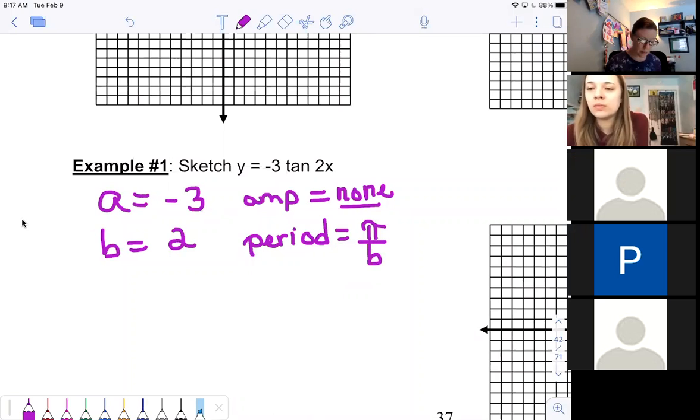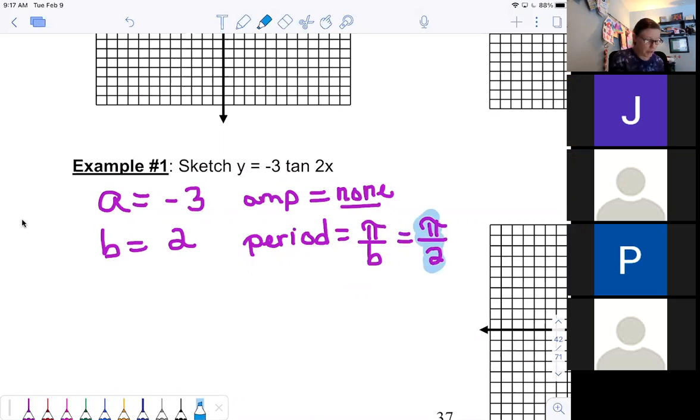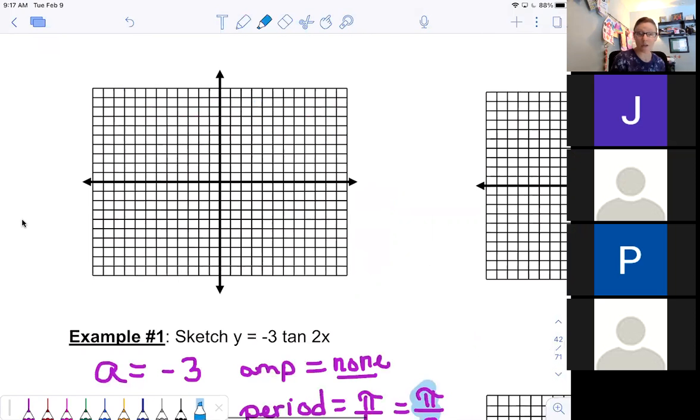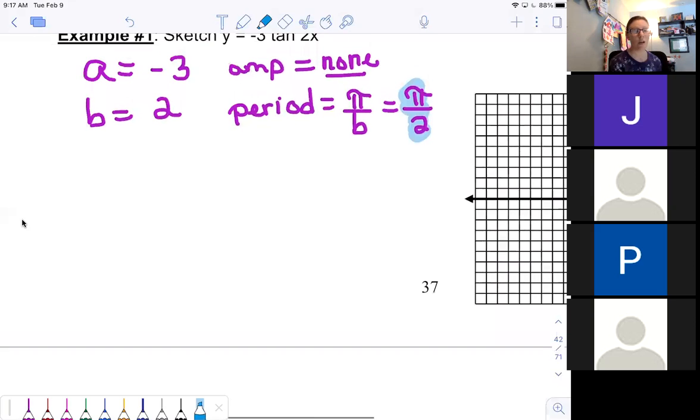So to find this period, it's going to be pi over 2. This is going to be the distance between my two asymptotes. So if I look at the one we just did, the distance between the two asymptotes is pi, from negative pi over 2 to positive pi over 2, or from pi over 2 to 3 pi over 2. So now that distance is going to be pi over 2. So we're condensing the graph. So this is a horizontal shrink of the graph.